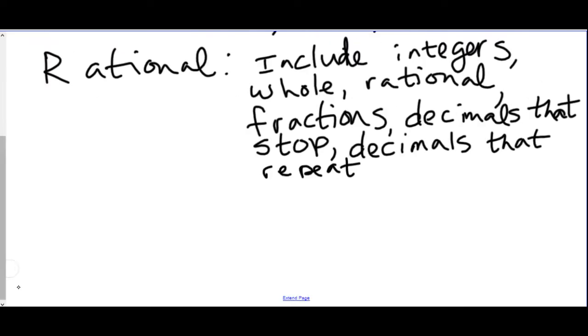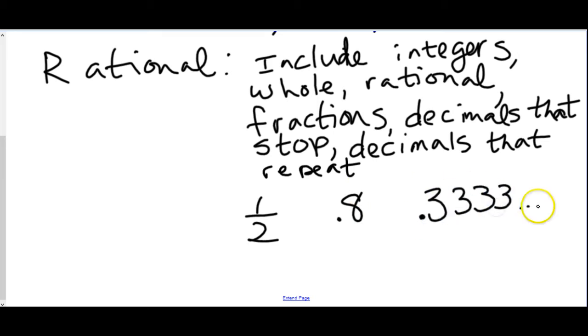So for example, a fraction, 1/2, decimals that stop, 0.8, and decimals that repeat would be something like 0.33333333. It's the same number over and over again, or I could have 0.151515. It can repeat at any point. It doesn't have to be just the same exact number.